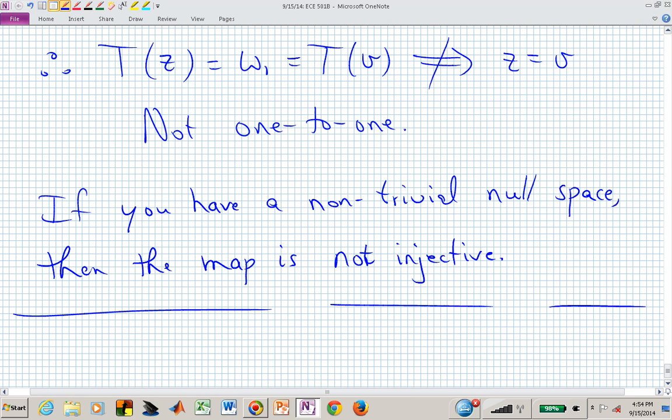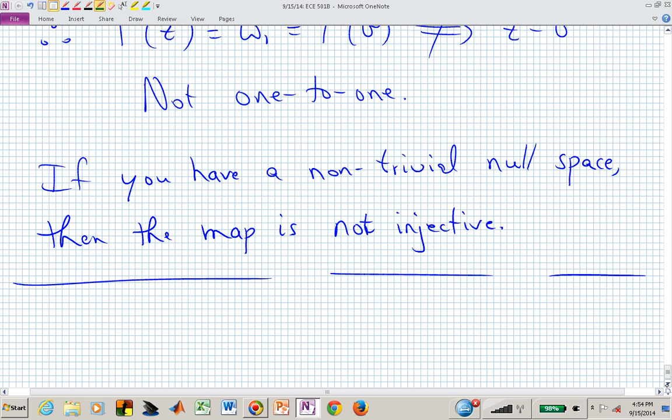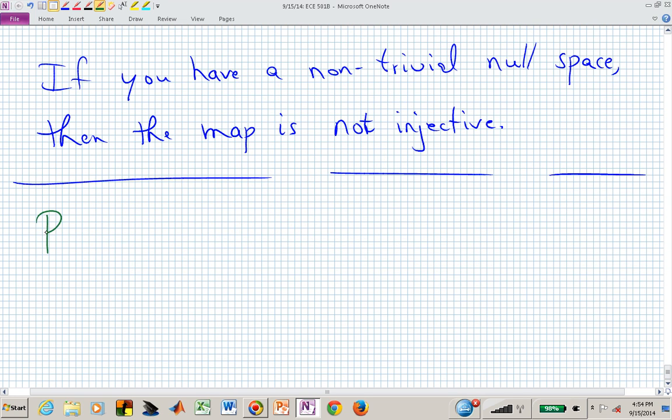That's working on the null space. Let's now talk about the other space that we can discuss, and that's where we can get to by operating with this linear map, and that's the range.